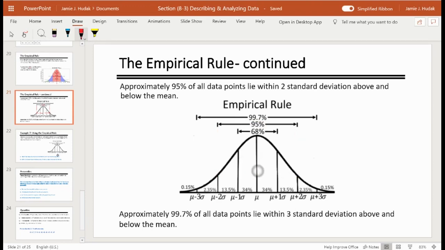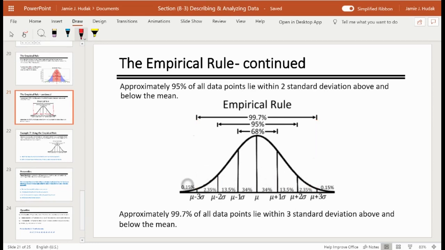And then the empirical rule continues with 99.7% of the data lies within 3 standard deviations of the mean. Again, from the mean, we go 1, 2, 3 standard deviations to the right, 1, 2, 3 standard deviations to the left.